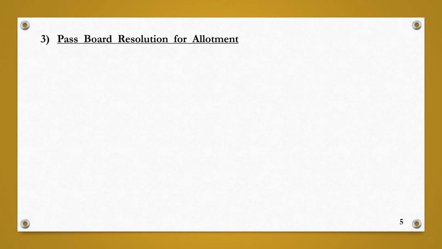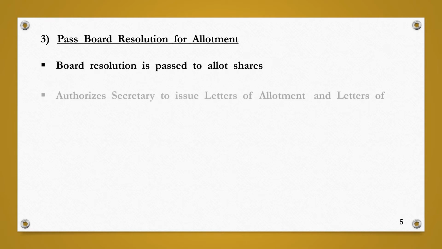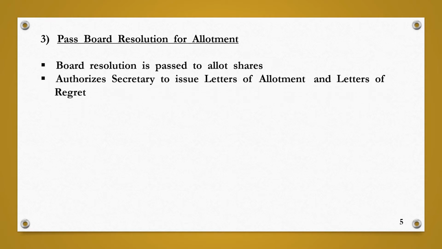Next, the company needs to pass a resolution at the board meeting for allotment of shares. With the passing of resolution, the secretary is given the authority to issue letters of allotment and letters of regret.